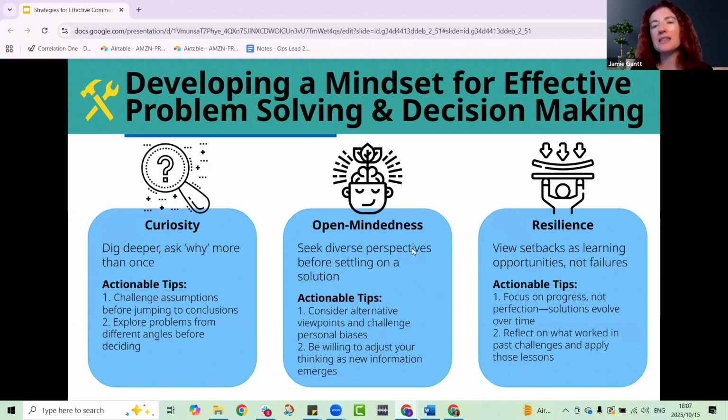And then viewing setbacks as learning opportunities, not failures. So if something doesn't go the way you expected, that doesn't necessarily mean it was wrong or bad. These are words that I would love to just take out of every leader's brain and mouth. Wrong or bad or fix. Nothing is wrong or bad or needs fixing. It's just that the outcome we saw isn't what we wanted. Let's try something different.